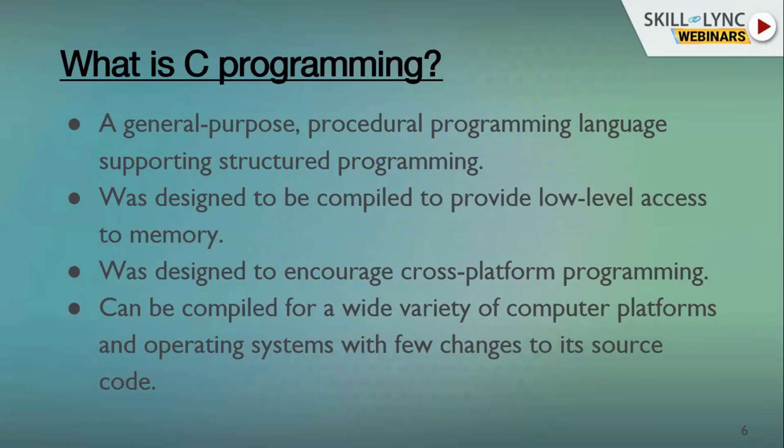It was also designed to support cross platform programming, where we do cross compilation in terms of embedded systems. It can be compiled for a variety of computer platforms and operating systems by making few changes in the source code. That's how it is a portable language as well.